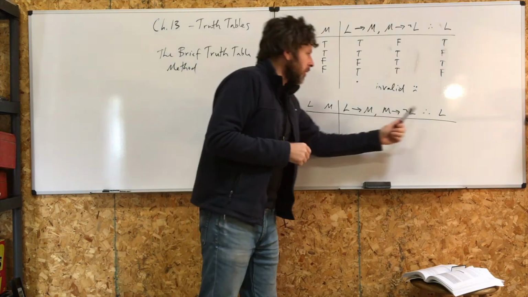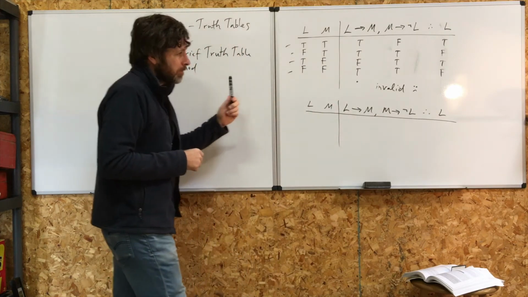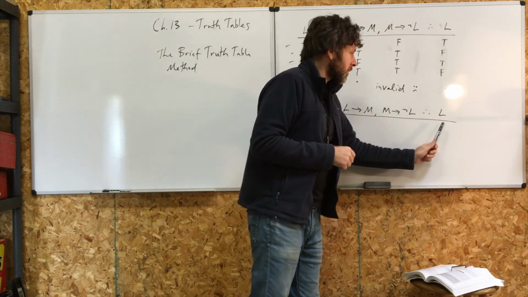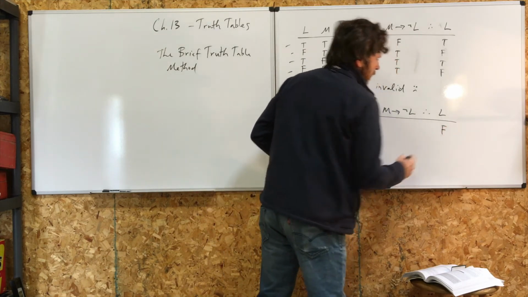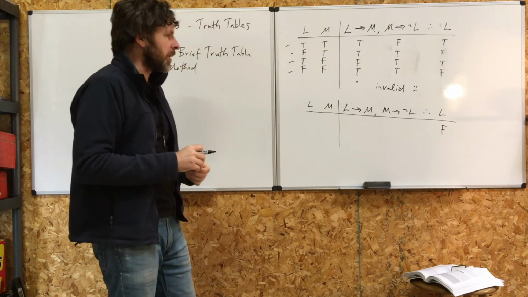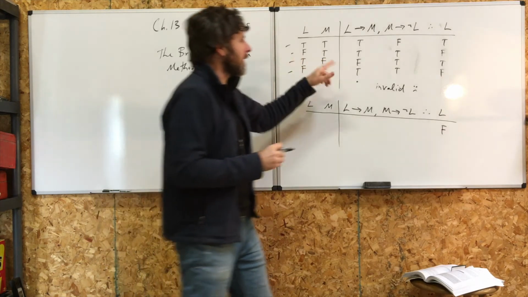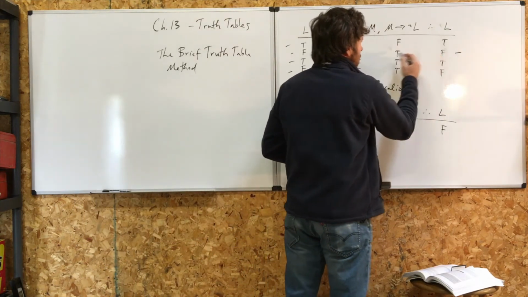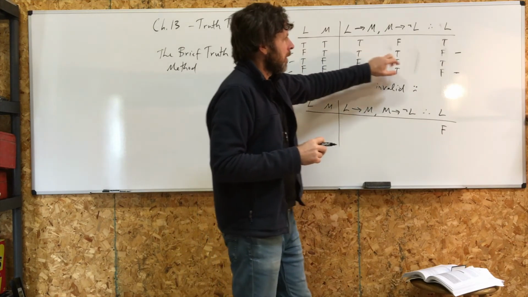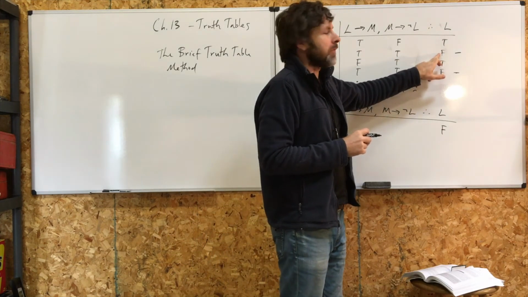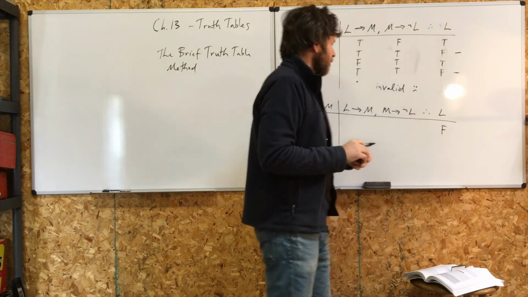Often, when we use this brief truth table method, we start backwards. We start with the conclusion. The conclusion has to be false. If we want to create that row, if we want to create rows 2 or 4, see this? Create those rows. We know we need to have a false conclusion. So let's just start like that.